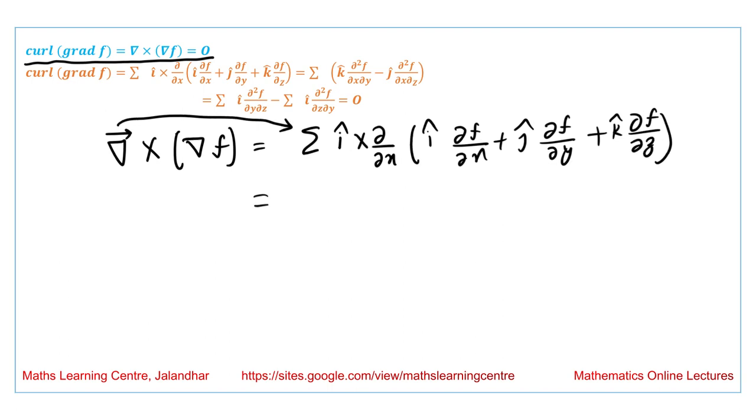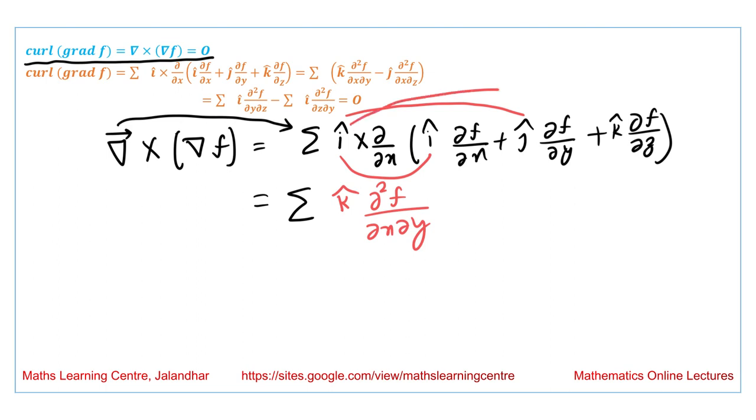Now if we take the product, we obtain sigma, the product of the first two: i cross i is 0, then i cross j is k cap, and the answer we obtain is ∂²f/∂x∂y.